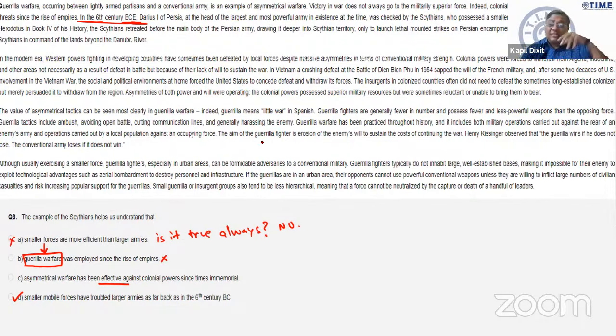Asymmetrical threats since the rise of empires, not guerrilla warfare. Okay, so this is the answer choice for 8th.